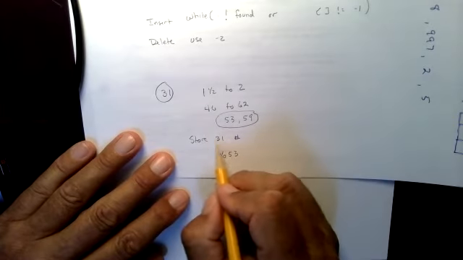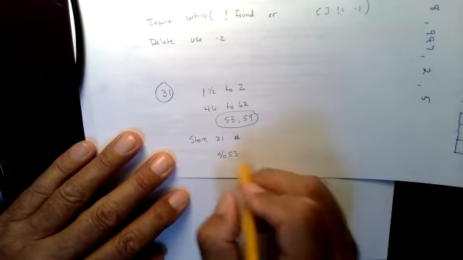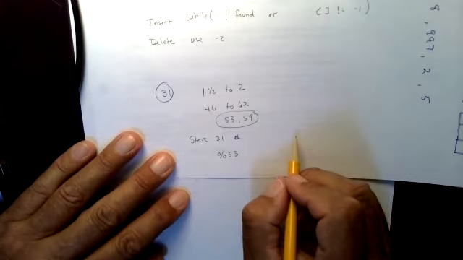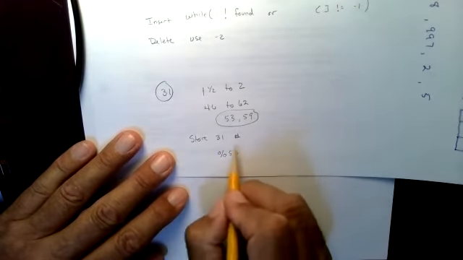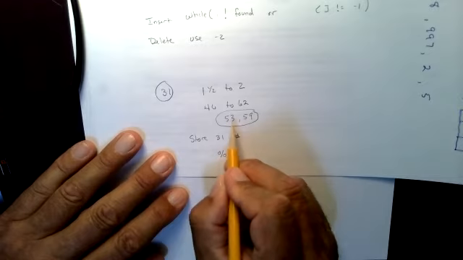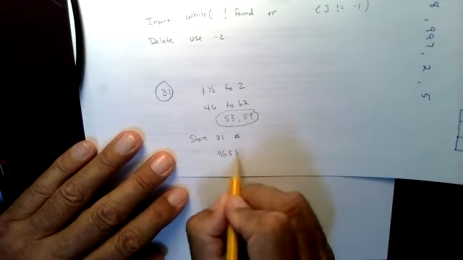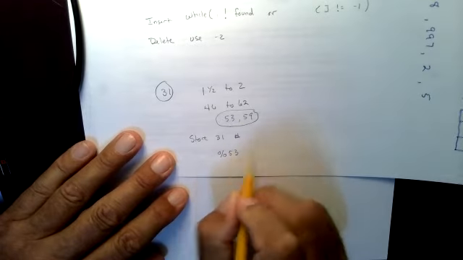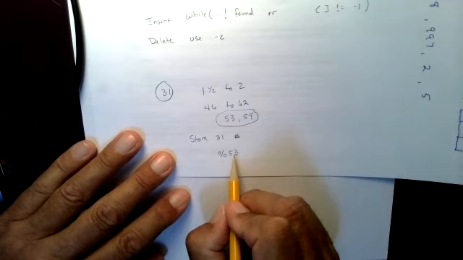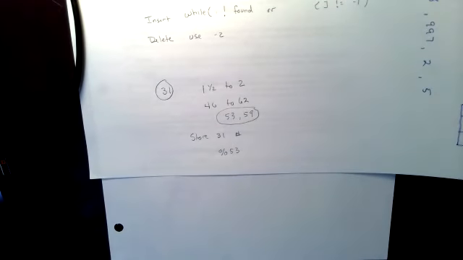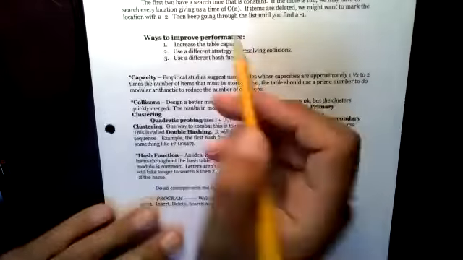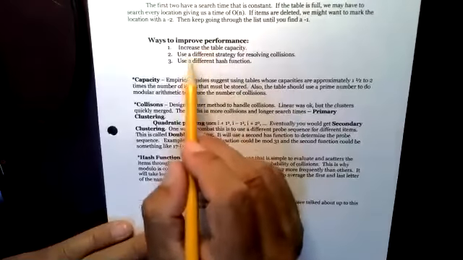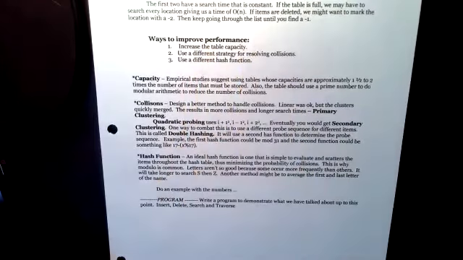So even though we're still at 31, we're not modding with 31 because I'd never get to locations 31 to 52. So I want to make sure my hash function is going to be the size of my array. And again, that's why we want to make it a prime number so that I can get in there and hit all of those. All right, so this guy right here, ways to improve performance. What a great test question that would be. You know what I'm saying?